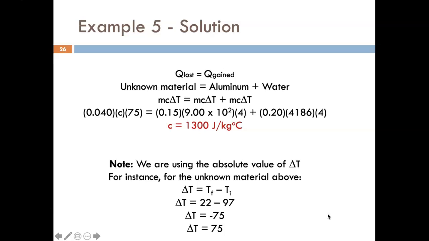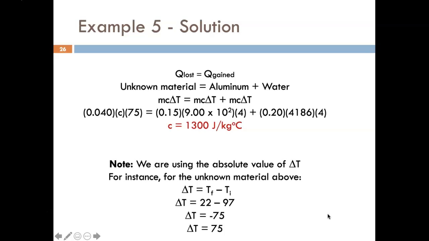Now you might have a heat phase in here. If, for instance, ice was dumped in here as well, the ice would have to go through the phase change. First, you'd have to have, say, minus 10 to 0 as an mcΔT, and then it would be an mLv on there too. But this one is not like that.